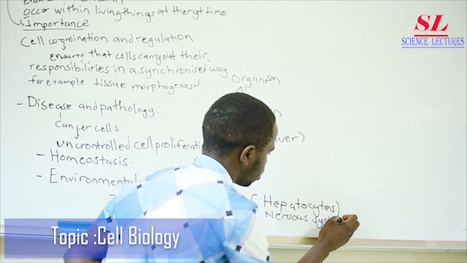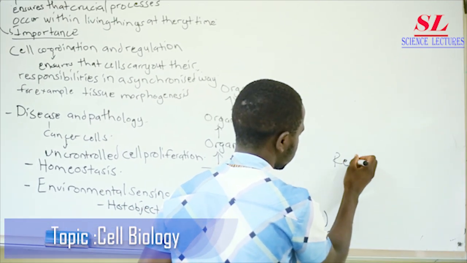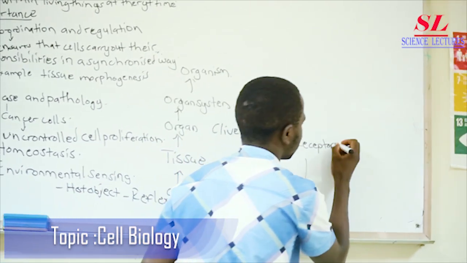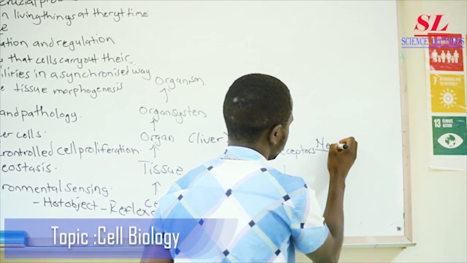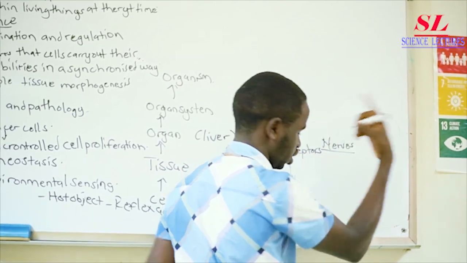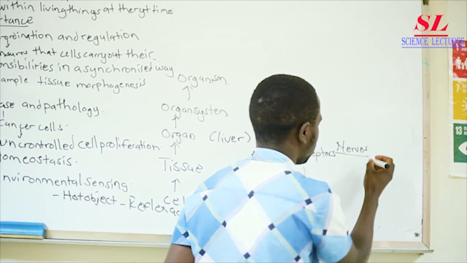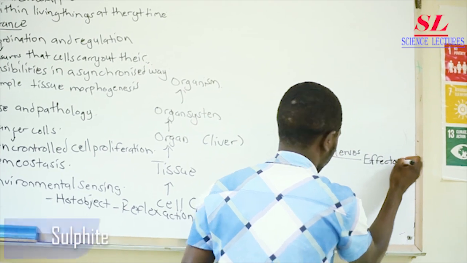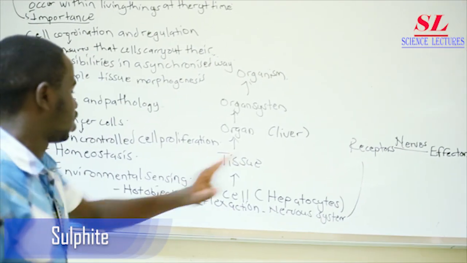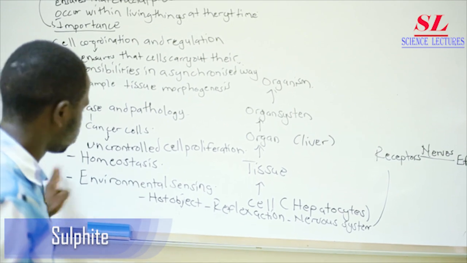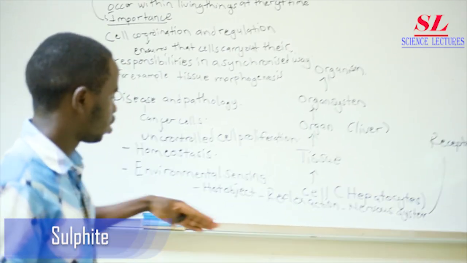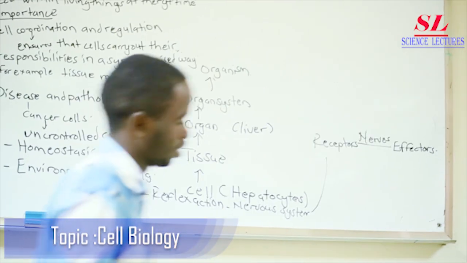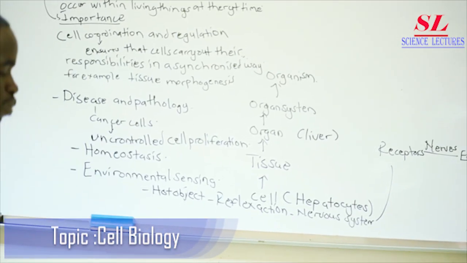And this will include things like receptors that shall sense that we've touched a hot object. Then we shall have our nerves here that will transport impulses to the brain and the responsible parts. Then the response shall be transported back to the effectors. So this response is a result of cell signaling, which will lead to the generation of an impulse, which shall travel from the receptors, the nerves, then the effectors. That is one case study of environmental sensing.